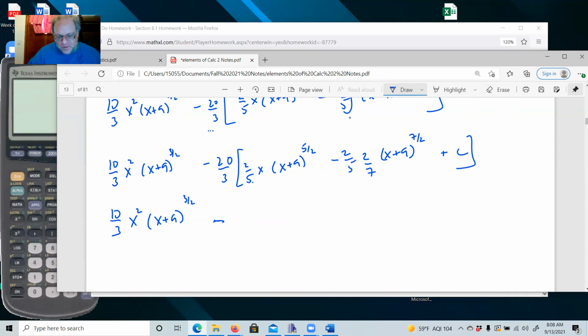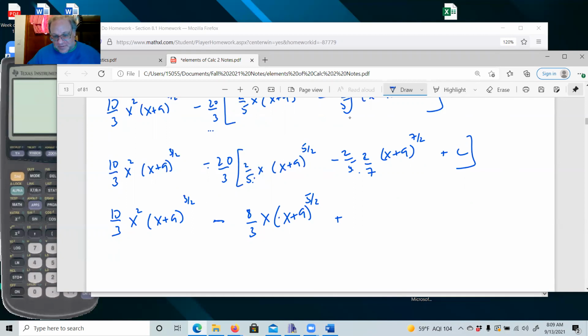Okay, so 20 over 5, that's 4. 4 times 2 is 8. We cancel the 5, so that's just a 3 here, times (x plus 9) to the 5 halves. Negative times negative is positive. Again, look at this: we have 4 here, we have a 3, 5, and a 7 now. We cancel the 5.